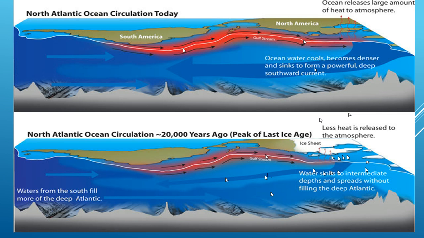Their weather will be a little snottier, a little colder to deal with, maybe more snow and precipitation. But because of all that ocean heat content, I don't see at least hemispheric cooling. I just don't see that happening. You can see the waters from the south fill more of the deep Atlantic. That's that Antarctic bottom water.